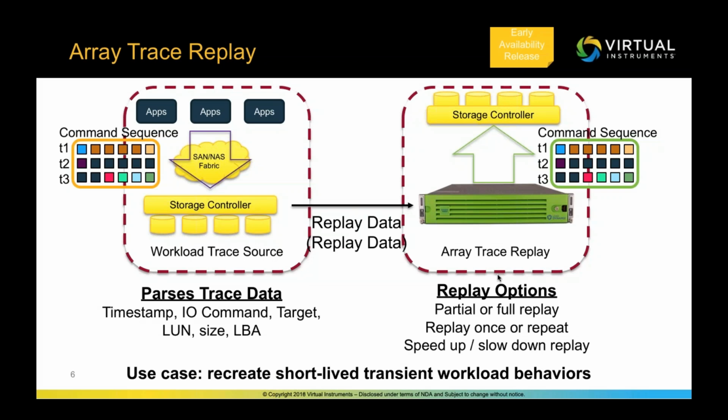So in the former, it's generally used to create workload models that span over periods of hours, days, weeks, or even longer. RageTraceReplay is really designed for a very specific use case, which is to recreate short-lived transient workload behaviors command by command. So as you can see, these two are really complementary.